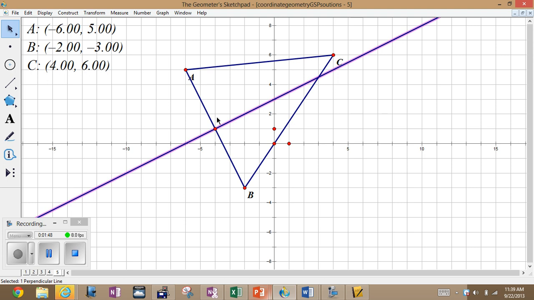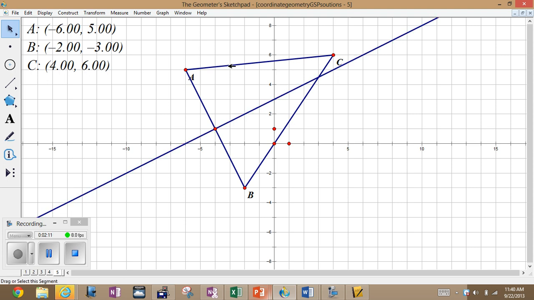So again, the line that we just drew has the midpoint of AB, which looks to be -4, 1, and has a slope which is perpendicular to it.